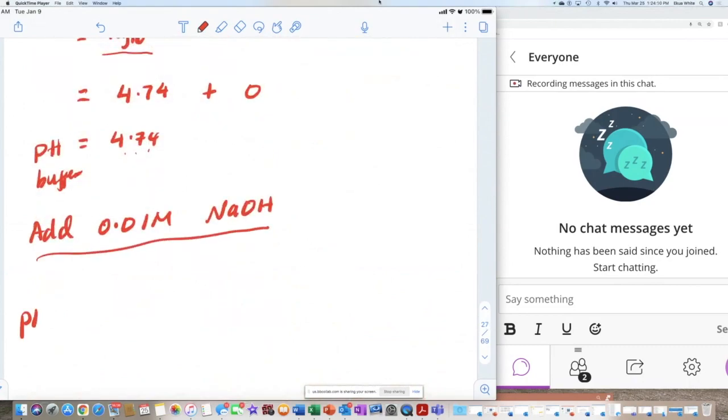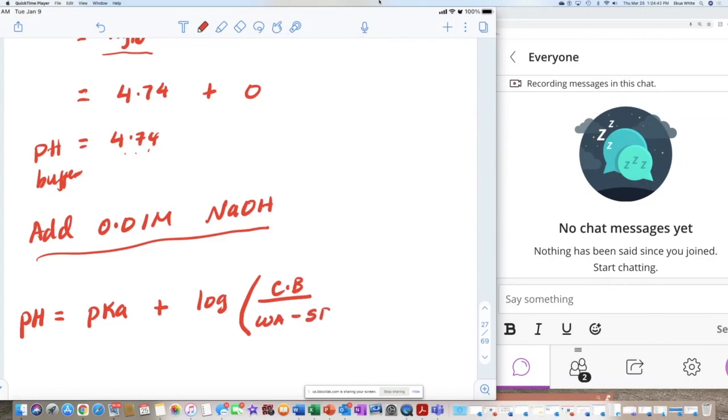I have to use the modified Henderson-Hasselbalch equation, which says pH is pKa plus the log of conjugate base over weak acid. Since I'm adding base, the one that I'll have less of is the weak acid, right? So the weak acid will be decreased because of the base being added.